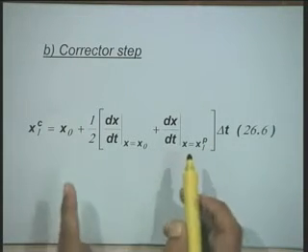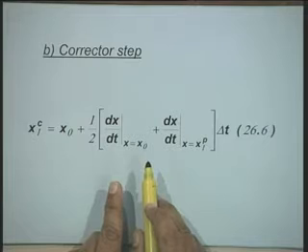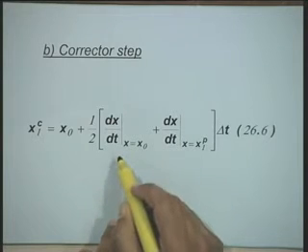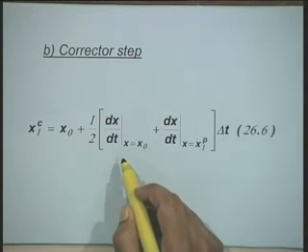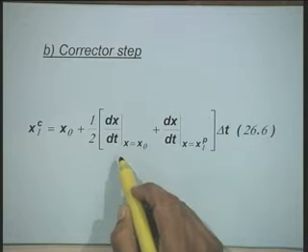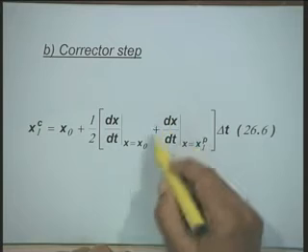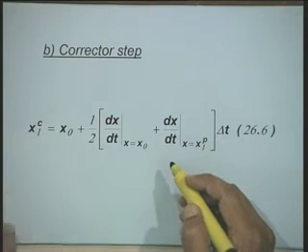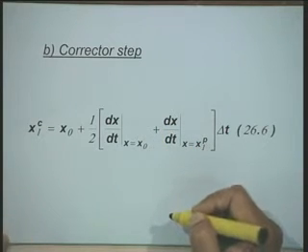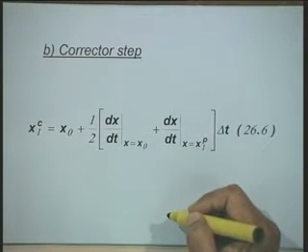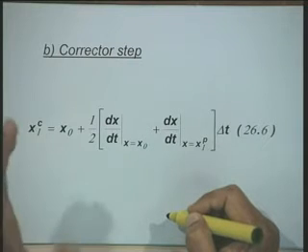And then take the average of these two derivatives, because this is the slope of the solution or of the function at t equal to t naught or x equal to x naught. This is the slope at x equal to x1 predicted, or we can call it the slope at t equal to t1.